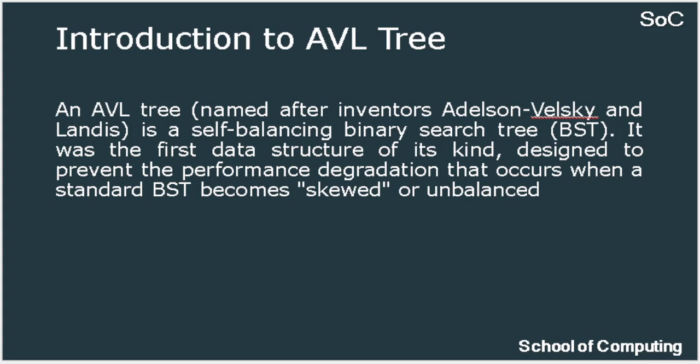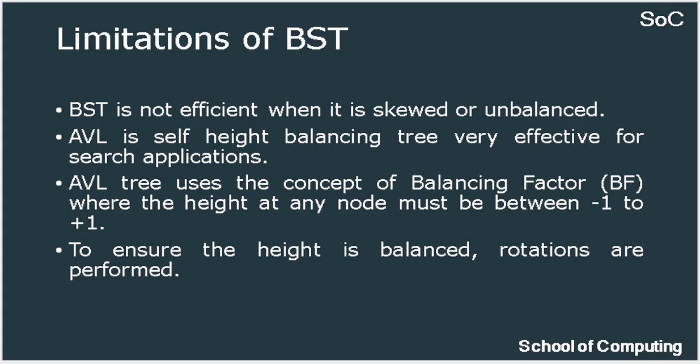So we try to understand in detail what are the limitations in BST and how AVL tree can help us in overcoming those limitations. BST is not efficient when it is skewed or unbalanced, and AVL is a height balanced tree which is very effective for search applications. AVL tree uses the concept of balancing factor.